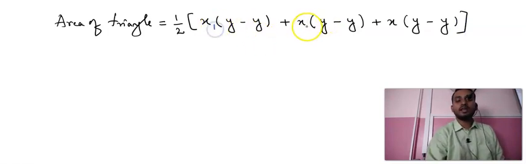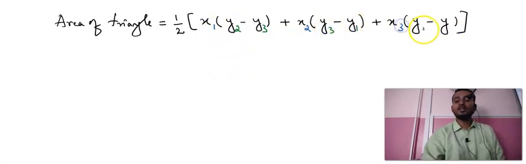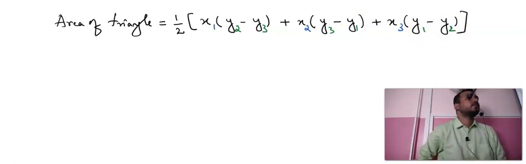Write x1, x2, x3, and after that, after 1, 2, after 2, 3: 1, 2, 3, 2, 3, 1, 3, 1, 2. Formula ready. Got it? Half into x1 into y2 minus y3 plus x2 into y3 minus y1 plus x3 into y1 minus y2.